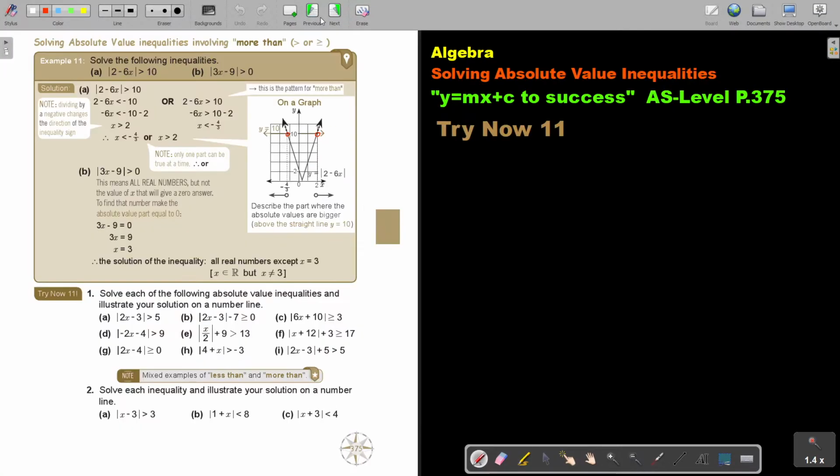Oh, sorry, I went too far. So this means all real numbers, but not the value of x that will give a 0 answer. To find the number, make the absolute value equal to 0. So you want to say all real, but not this number. So the solution of the inequalities is all real numbers except 3. And you can write it like that in the short way.